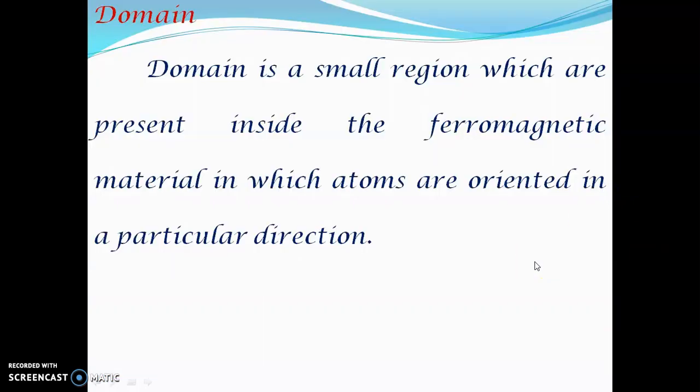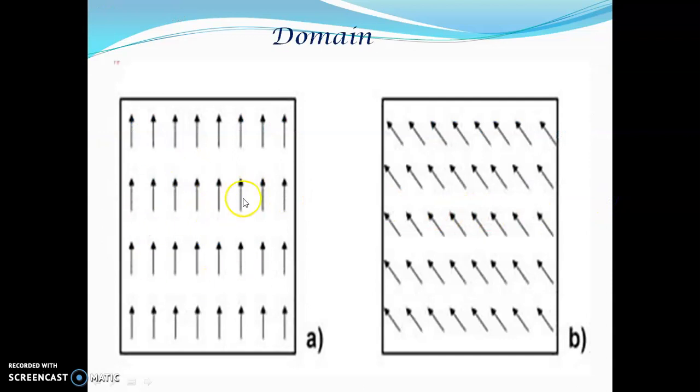A domain is a small region of ferromagnetic material in which the atomic dipole moments of individual atoms are aligned in a particular direction.